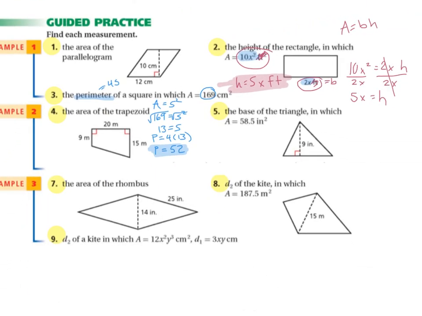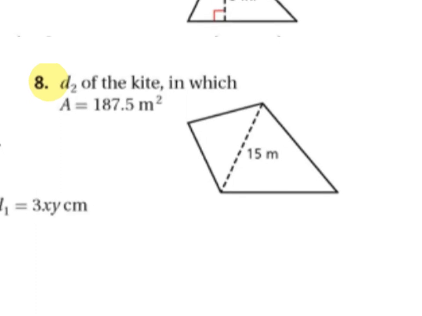Okay, and the last one that I wanted to do with you guys is number 8. So it's looking for diagonal 2 of the kite in which the area is equal to 187.5, and it gives us diagonal 1. So we have to find the other diagonal. So we have to use the formula we know for area of a kite.